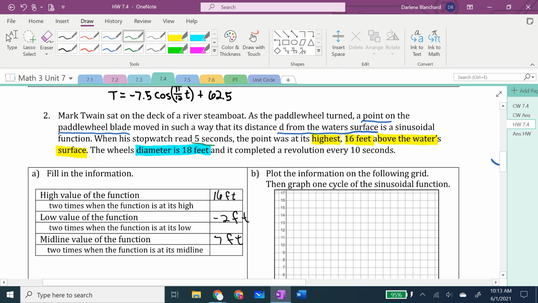Stopwatch reads 5 seconds when it is at its highest point. So highest point is 5 seconds in. Then what other information does it give me about time?